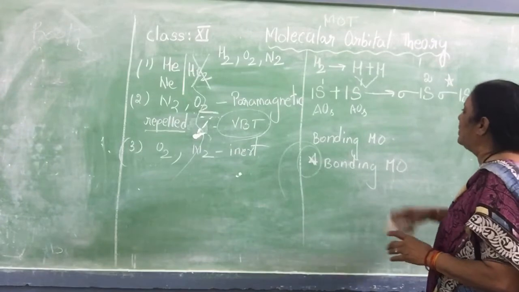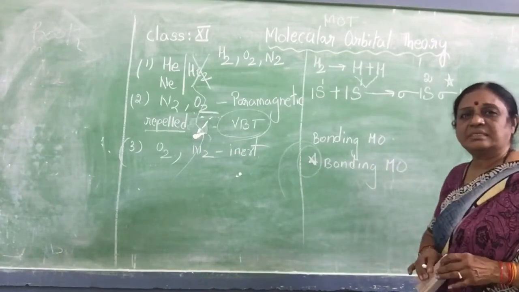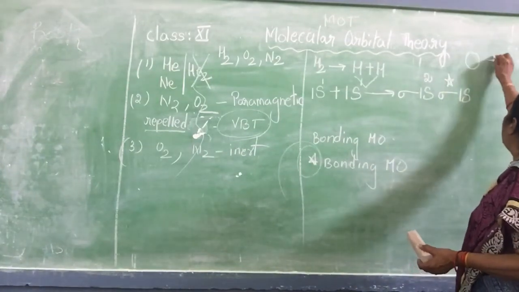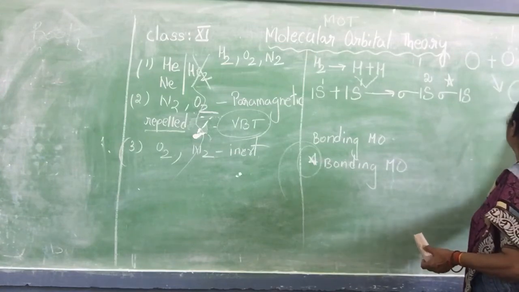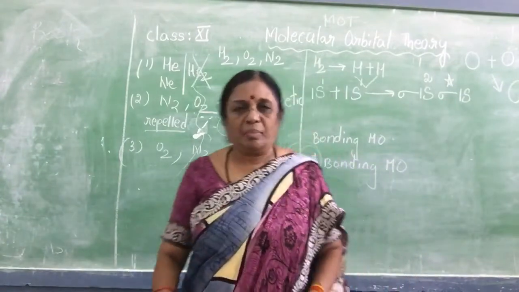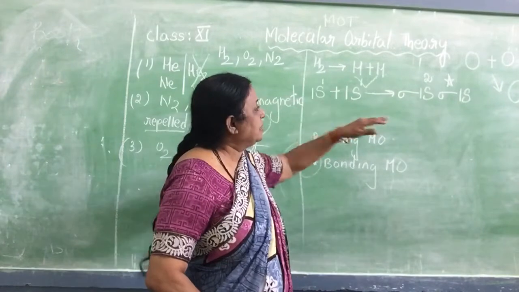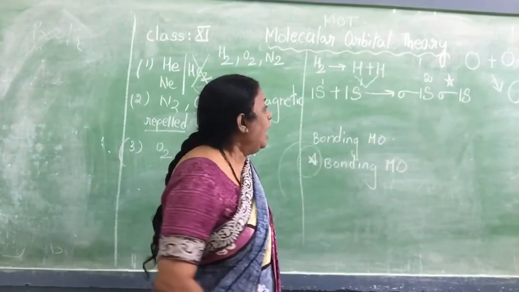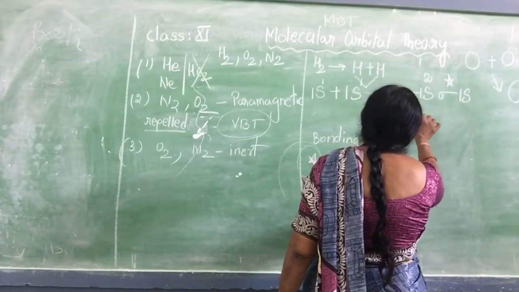Okay children, clear? The s orbital we already discussed in chemical bonding before. 1s orbital of one atom, 1s orbital of the other atom, head-on overlapping. The sigma bond is formed. Here there are two atomic orbitals, so two molecular orbitals are formed. So sigma 1s has 2 electrons in bonding and sigma 1s star has 0. Next, children, is bond order. What is bond order?